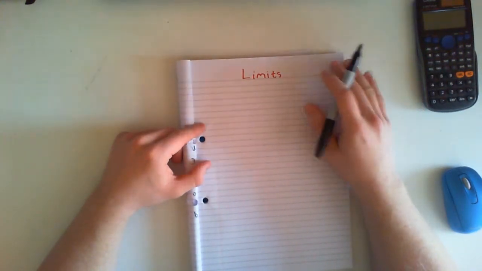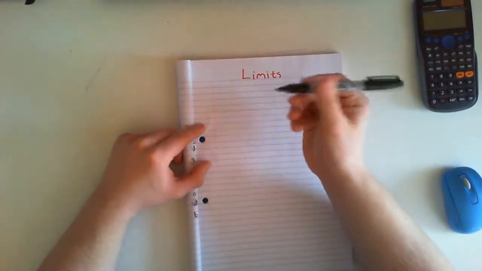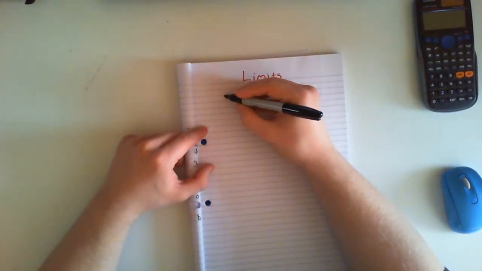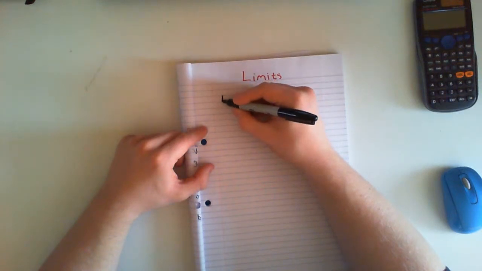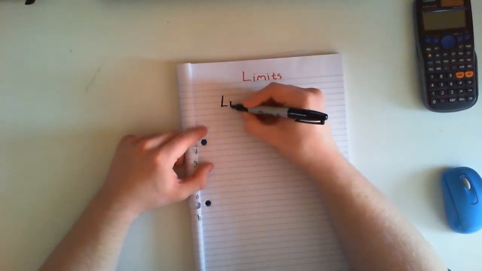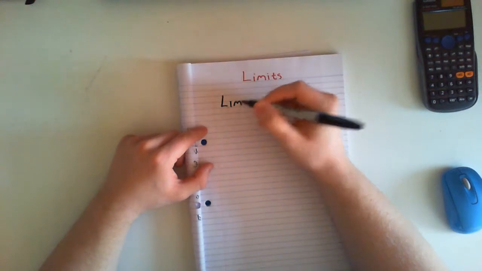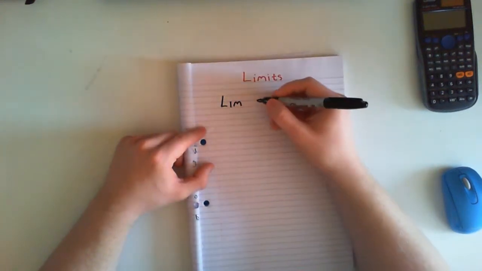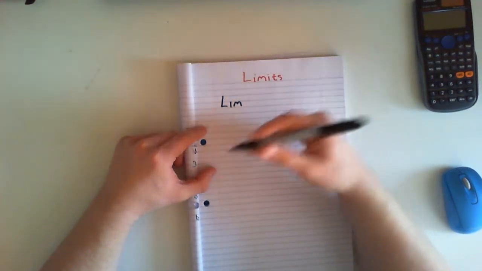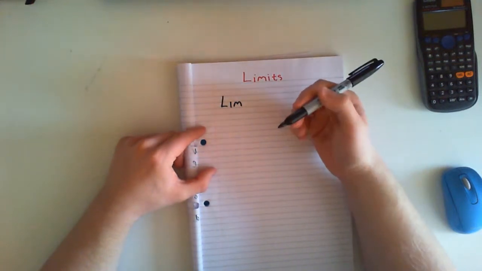So the notation for limit to start with. If we have a limit of some function, it's normally given as this, and our function will be a function of x. If you don't know what I mean by referring to it as a function of, see my function series.